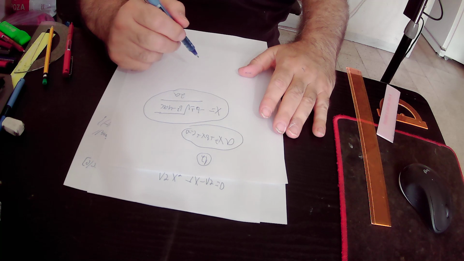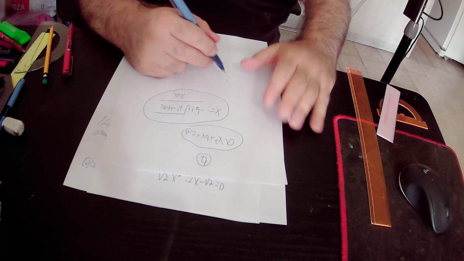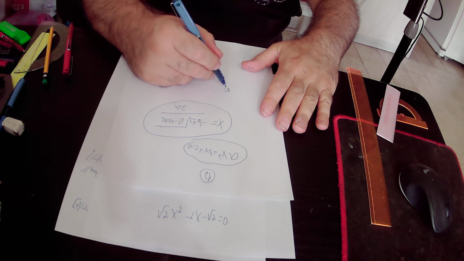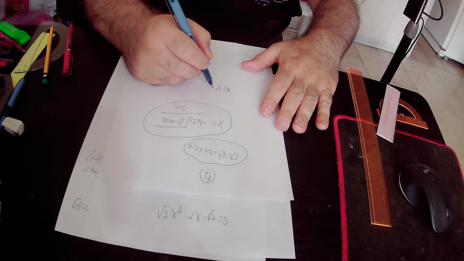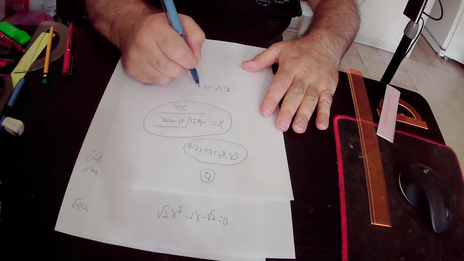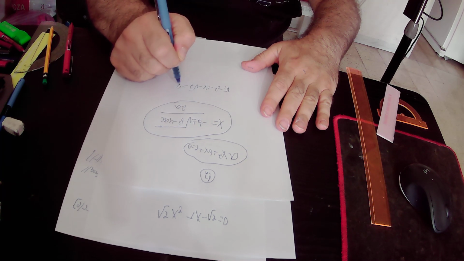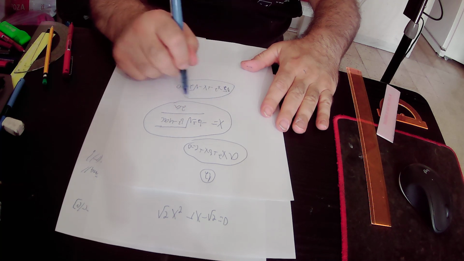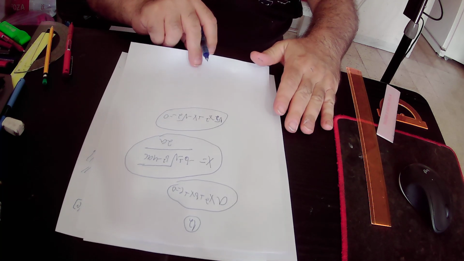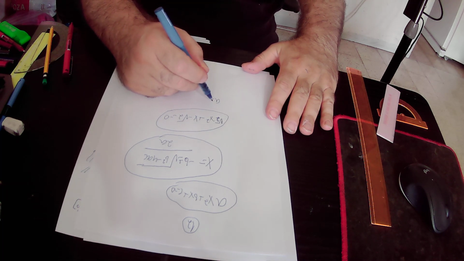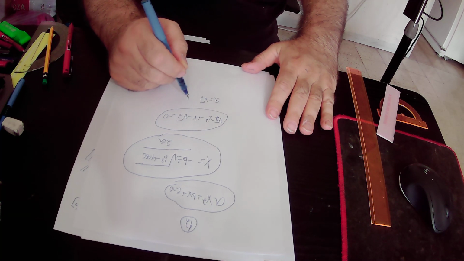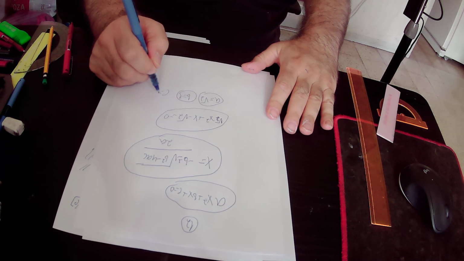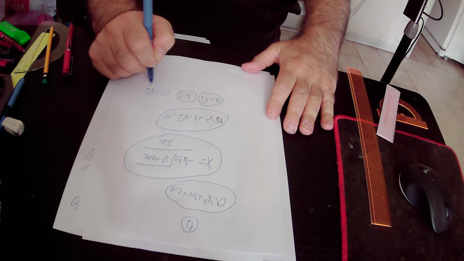So in our specific quadratic equation, root 2 x squared plus x minus root 2 equals 0, the coefficients are a equals root 2, b equals 1, and c equals minus root 2.